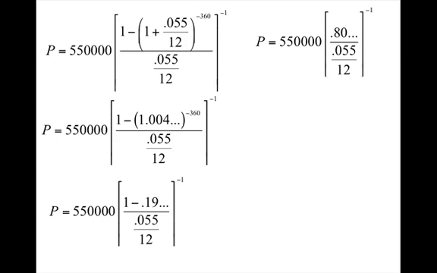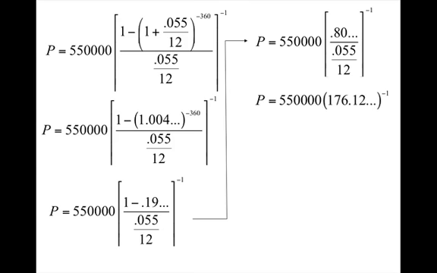Then we divided that by 0.055 divided by 12, and remember you have to put that in parentheses. And when we did that, that gave us 176.12. Raise that to the negative 1 power, and I used my reciprocal key, and that gave me 0.005.